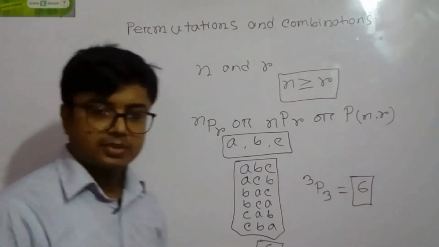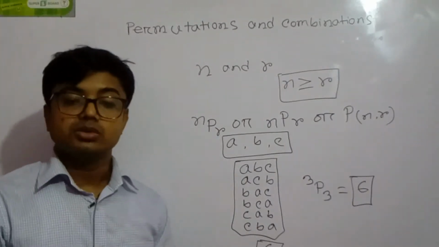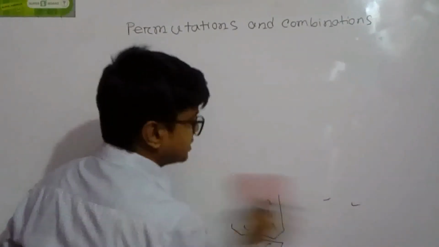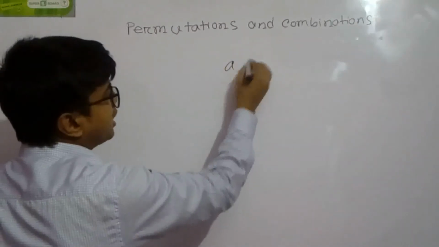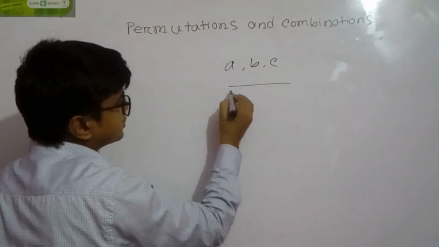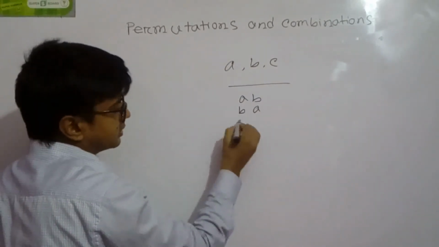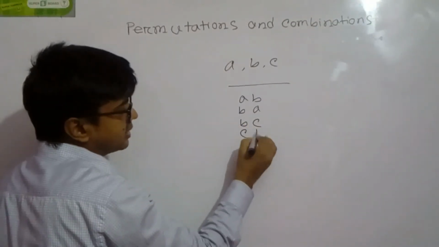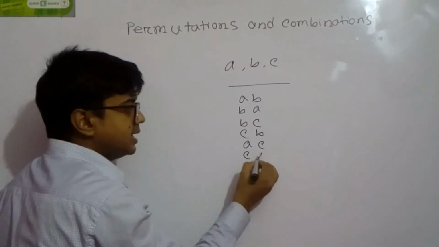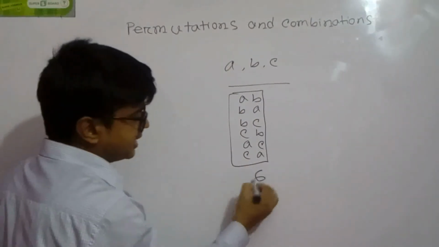Another one: if we take 2 at a time out of the letters A, B, C, here we have AB, BA, BC, CB, and AC, CA. Here the total number of arrangements is 6.